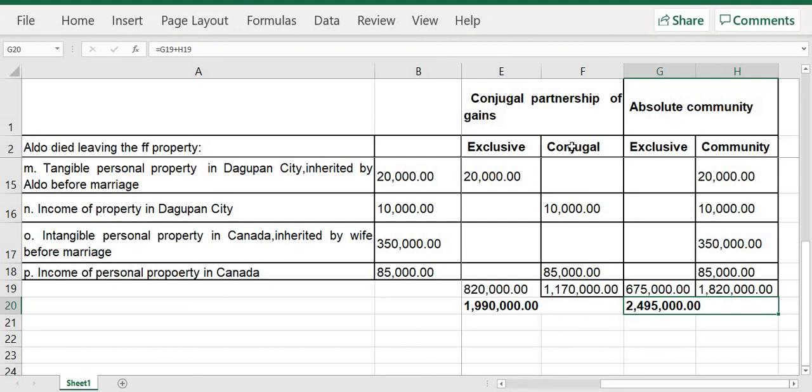Okay? So, of course, under the deductions, the share of the wife will also be part of the deductions naman. So, you just divide by 2 the amount of the conjugal properties or the community property, or the 50% to the wife, then that will be part of the deduction. An item of deduction.